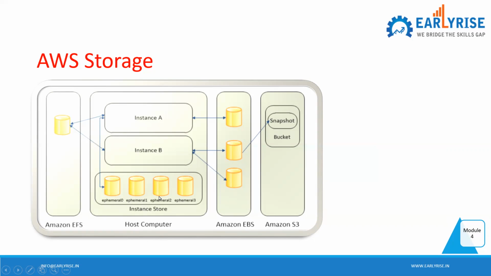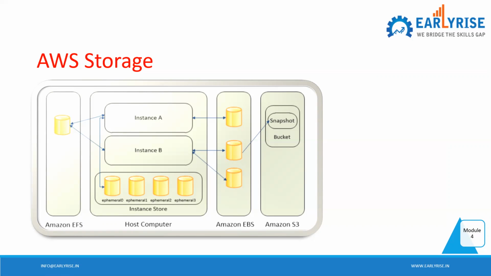So this instance store is temporary storage. We discussed we can use it for virtual memory, caching, some kind of buffer. You can use it only for caching purposes. It will be very fast because it runs without any network, on the same machine.